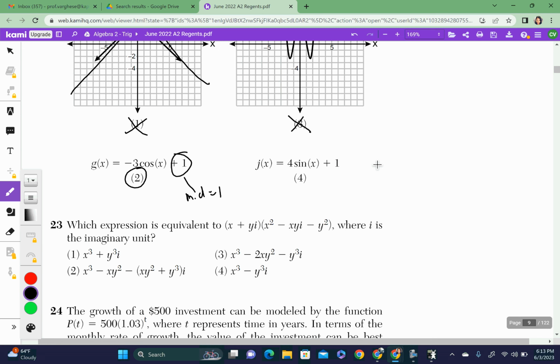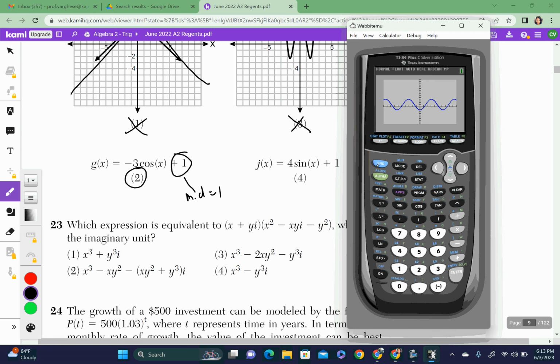So this is correct. And then if I plug in the last one, just to make sure that we're good, let's delete that. Let's put the 4 here, and instead of close, let's put sine. Everything else is the same. And if I graph it, does this have a midline of 1? Yes, it does. And what is our highest value?